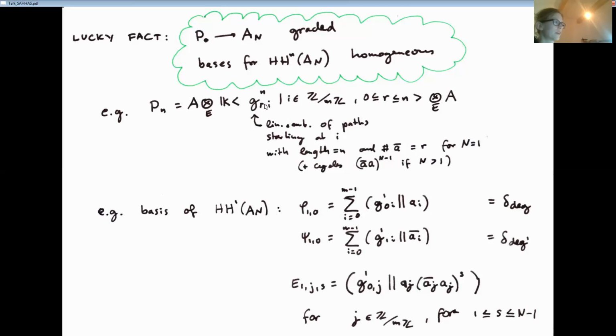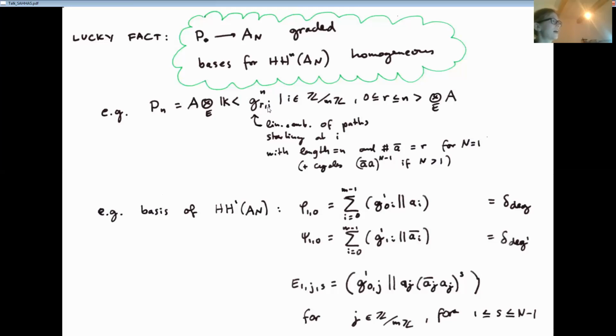Then they consider elements given by linear combinations of paths that all start at a vertex I, and in case the n that is ruling the additional cycle relation is 1, these paths will all have length n and have precisely r steps in the anti-clockwise direction, in other words n minus r steps in the clockwise direction.